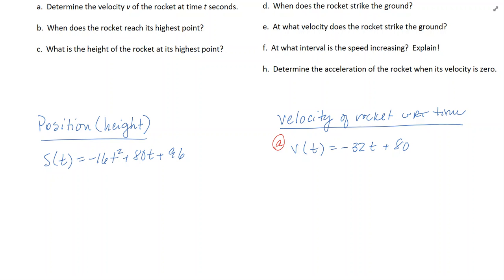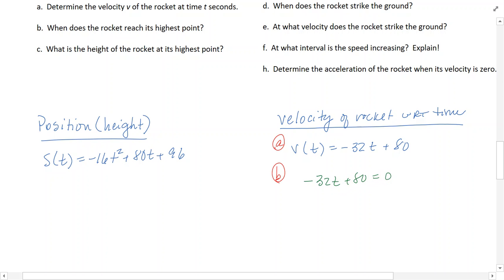So we could take our velocity function here and set it equal to 0 and solve to find out what time it is when the object is going to reach its maximum height. So negative 32t is equal to negative 80. Divide both sides by negative 32 and you find out that t is equal to 2.5.